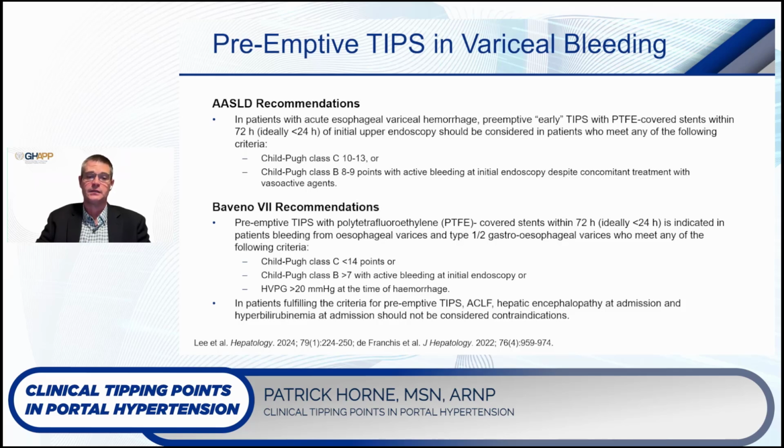And the criteria is essentially the same for both the AASLD as well as Baveno 7. And that includes, as you heard earlier, Child-Pugh Class C or Child-Pugh Class B with active bleeding at initial endoscopy. The only real difference between them is the Baveno 7 group also adds in that high HVPG measurement of greater than 20 millimeters of mercury as another consideration at the time of the hemorrhage.